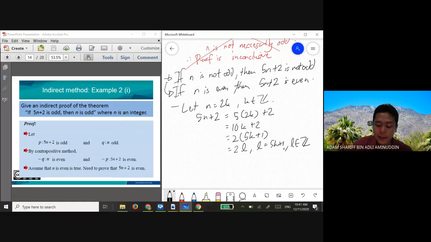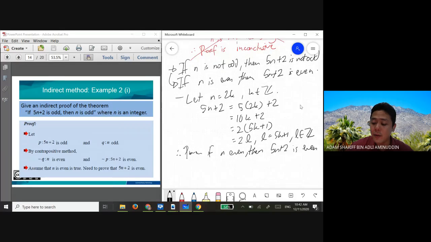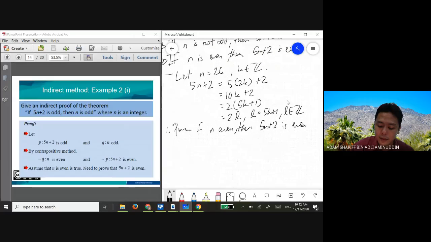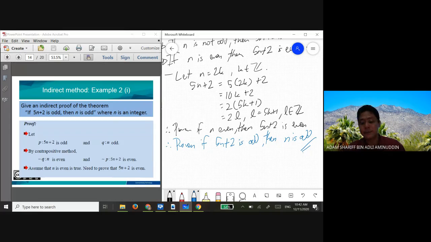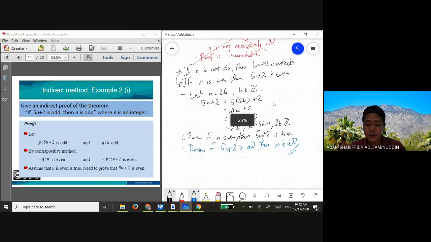So it's proven that if n is even, then definitely 5n plus 2 will be 2l, which is also even. And it is logically equivalent with this. I also proved that if 5n plus 2 is odd, then n is definitely odd. Senang dia. I show you the whole proof.